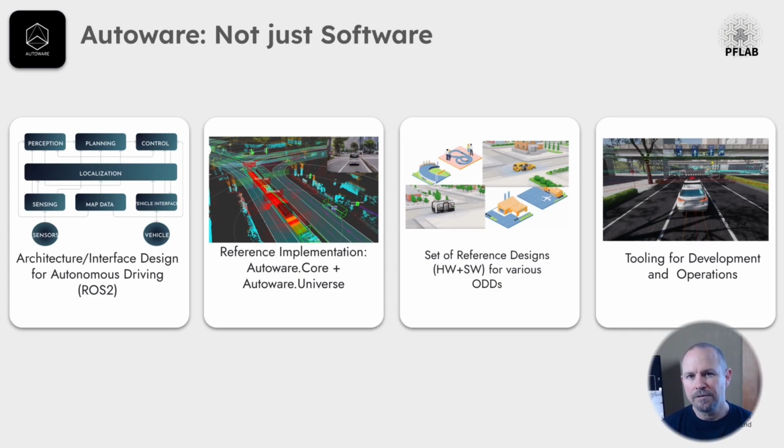It is also a set of reference designs, hardware and software, which implement various operational design domains such as cargo delivery, low-speed urban environment, and highway driving. And finally, it is tooling for development and for operations of autonomous vehicle fleets.